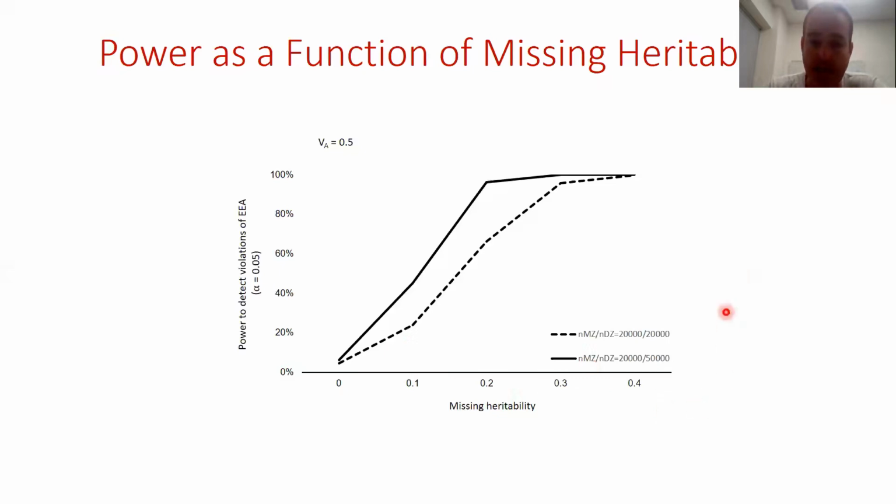And again, it's basically saying that we are going to need very large sample sizes to detect violation of this assumption. And we can only really do it if it really is explaining large discrepancies in the missing heritability.